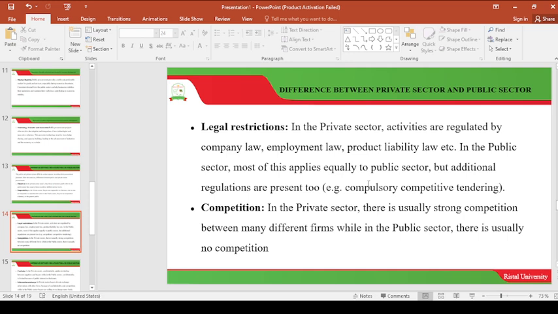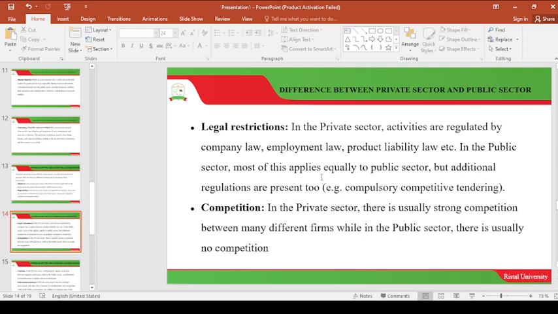Another difference is competition. In the private sector, there is usually strong competition between many different firms. As you already know, there are very many companies which provide the same services. So the rate of competition under the private sector is very high.